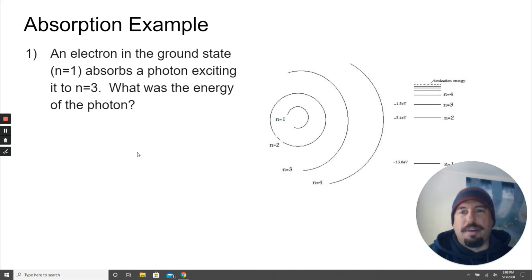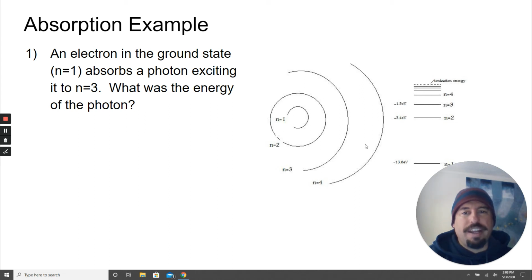An absorption example. So let's say an electron's at the ground state, n equals 1, which is right here, negative 13.6. It absorbs a photon, exciting it to n equals 3. What was the energy of the photon? So energy is conserved, can't be created or destroyed. So the energy to raise it from here to here, we just have to subtract these two.